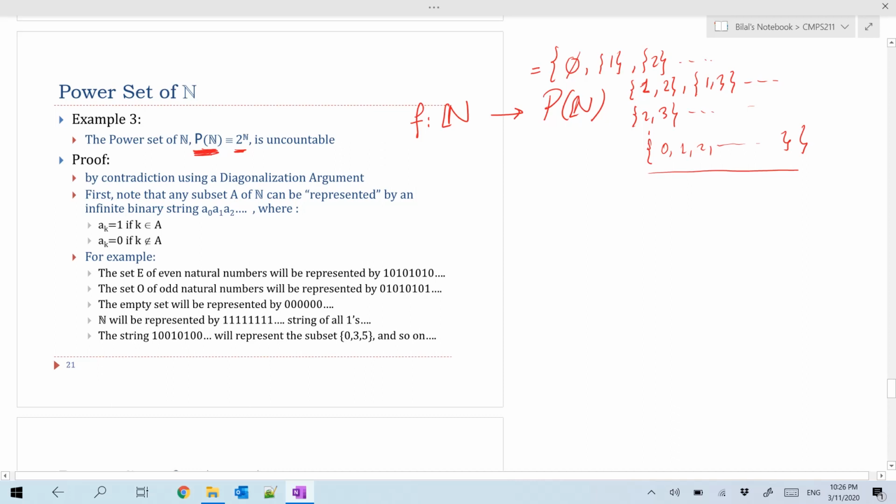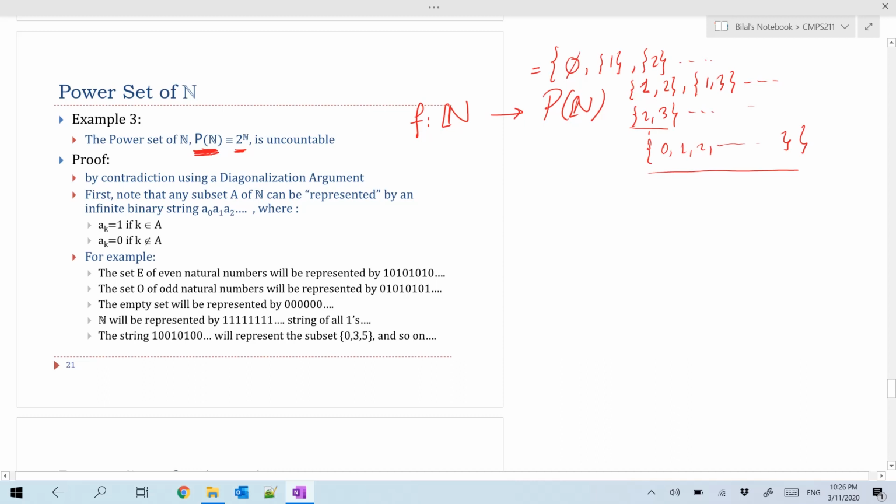Okay, but let's suppose we can do it. To denote a certain element of P of n, we're going to use a sequence of zeros and ones.